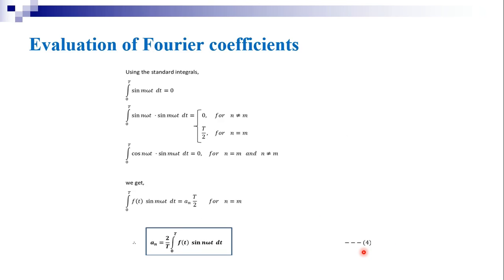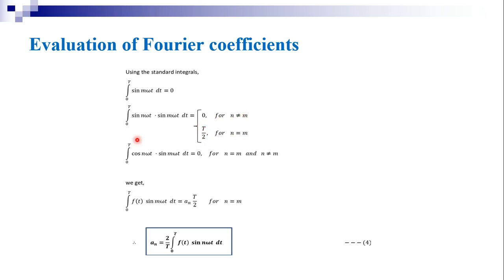After integration and using the standard integrals, we use the integration of sin n omega t into sin m omega t dt within the limits 0 to T, which gives us 0 for n not equal to m, and the same integration gives T by 2 for n is equal to m.